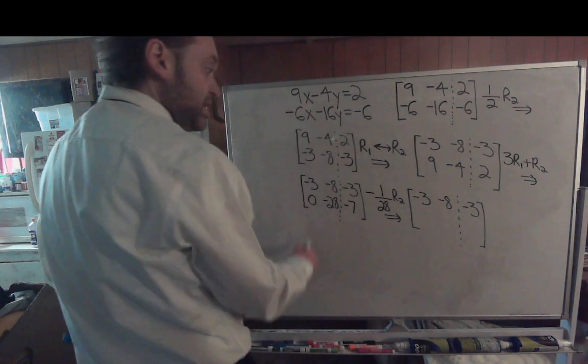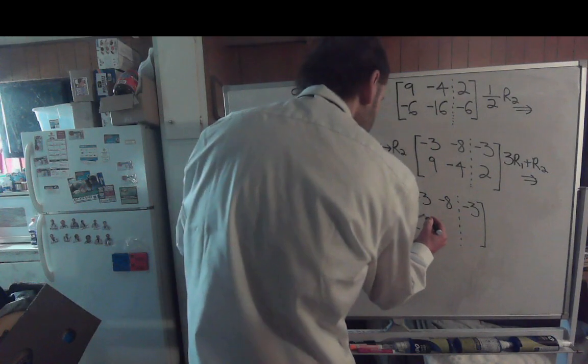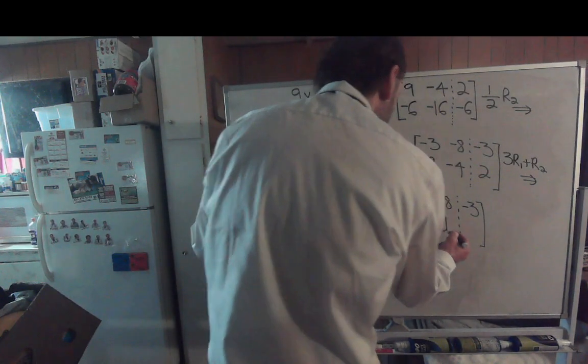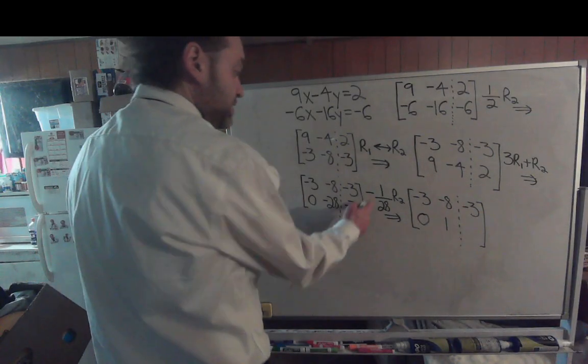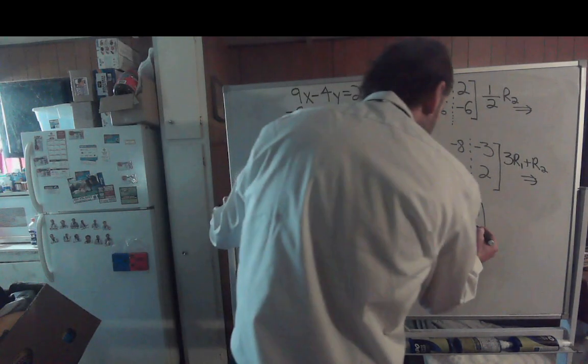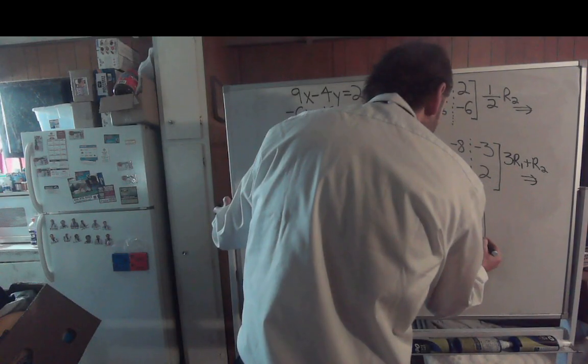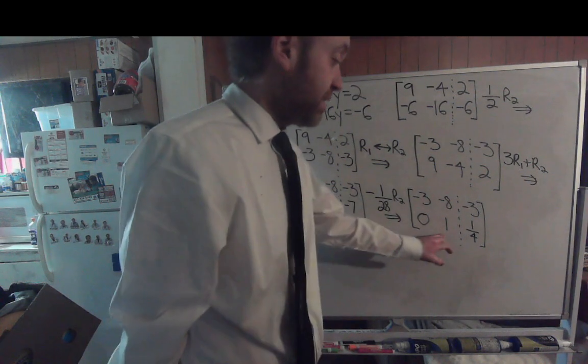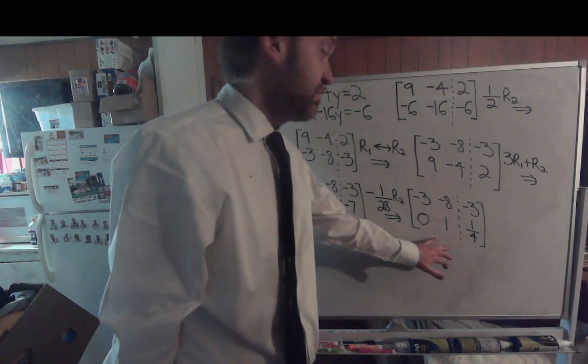Alright, so -1/28 of 0 still 0. -1/28 of -28 is positive 1. -1/28 of -7 would turn into positive 1/4. So now we have the second row reduced to how it needs to be.